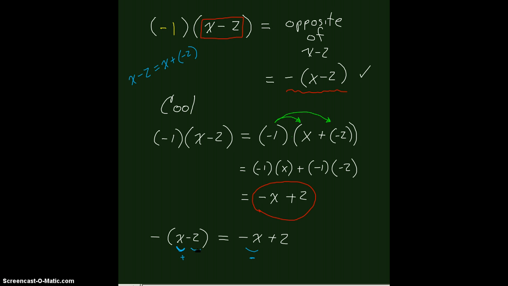This minus 2 was negative, but over here, notice, it's positive. So you may hear that if you have a minus in front of a parentheses, it simply changes the sign of every term. But as you can see, there's quite a bit behind changing that sign.